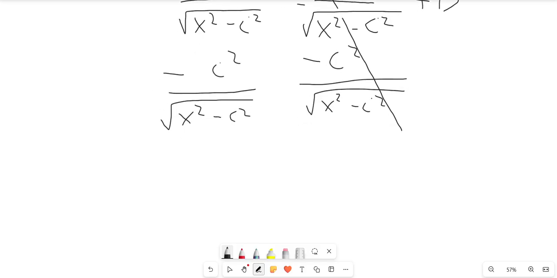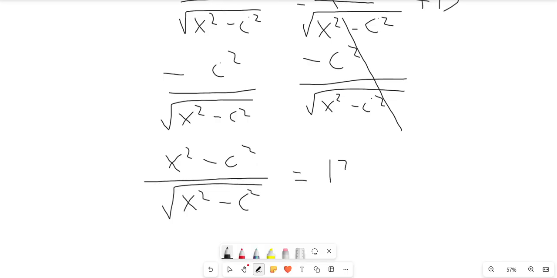On the left, we have x squared minus c squared, both over that same denominator, the root of x squared minus c squared, equals 13.